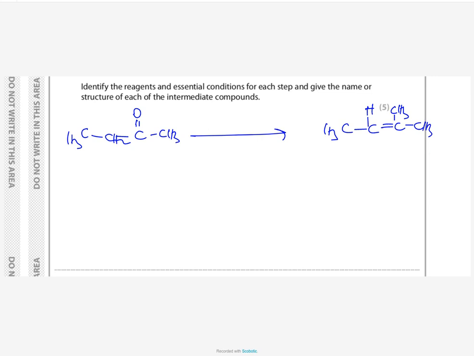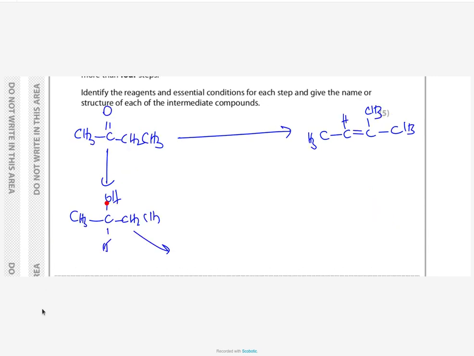If you have this group, CH3, CH(OH), CN, CH3, you can easily eliminate. You can easily form this group by adding HCN, KCN, right? HCN, KCN, you get this. Then you can put a Grignard and put a CH3 group, that won't be a problem.